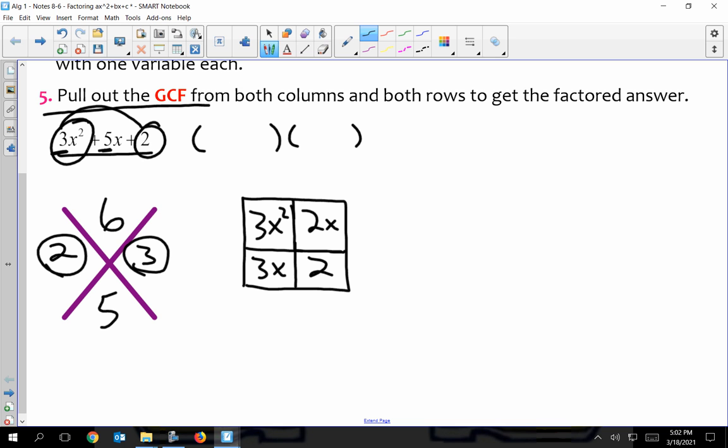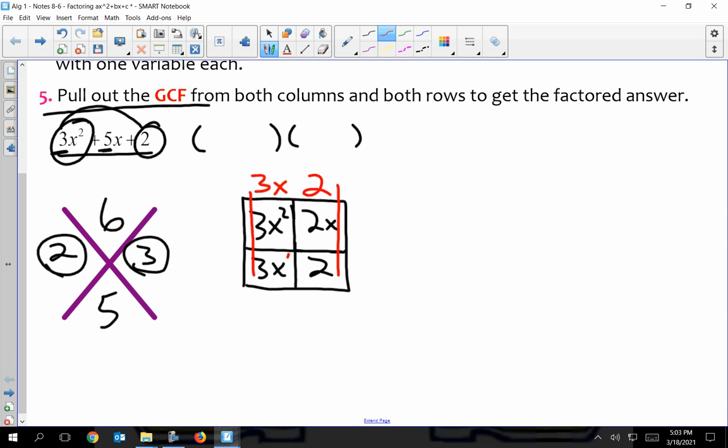What's my GCF in both of those boxes? Well, I could take out a 3 and a power of x. Remember that power of x. What can I take out of those 2 boxes as a GCF? I could take out a 2. Hopefully you can see that.